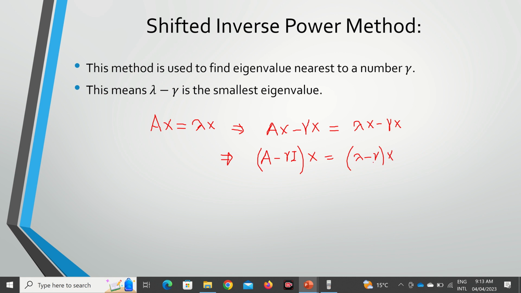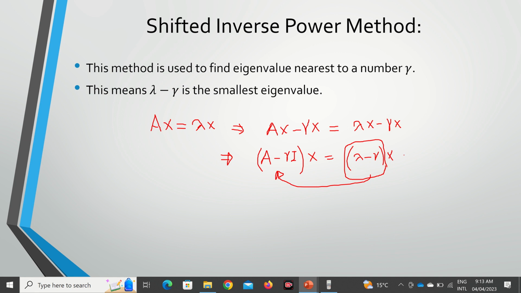What does it mean? It means lambda minus gamma is an eigenvalue of A minus gamma I, isn't it? If you call this matrix B, which eigenvalue is lambda minus gamma? Will it not be the smallest eigenvalue? Because lambda is very close to gamma, the difference between lambda and gamma will be the smallest.